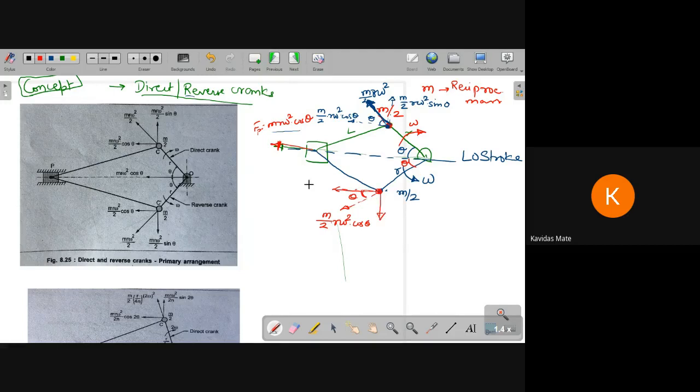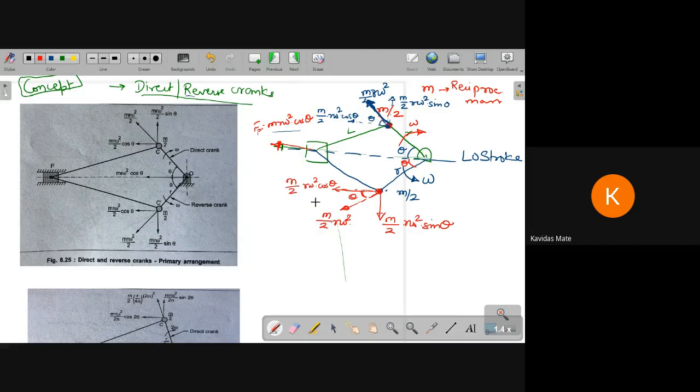What would be the components? Sorry, this won't be cos theta. Along the crank, it would be m by 2 r omega square. So along the line of stroke, it would be m by 2 r omega square into cos of theta, this horizontal component, and this would be m by 2 r omega square into sine of theta.